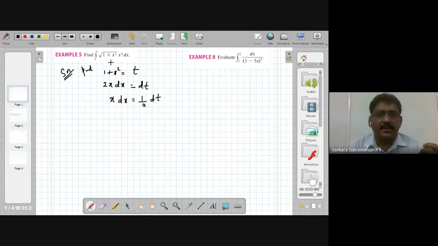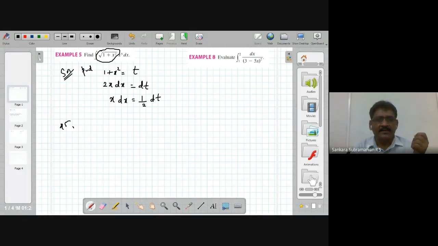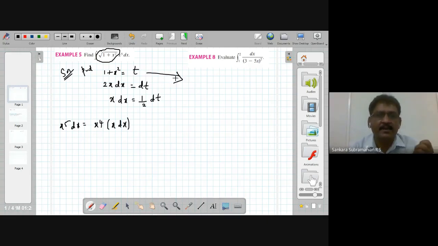Okay, so this part will be substituted. Square root of 1 plus x square will be substituted with square root of t, and this x power 5 dx can be written as x to the power 4 into x dx. From the substitution, we can find x in terms of t. x square is equal to t minus 1.